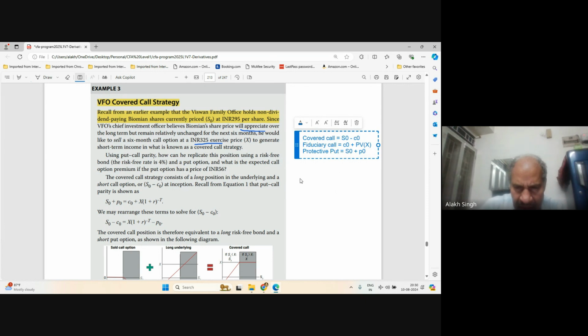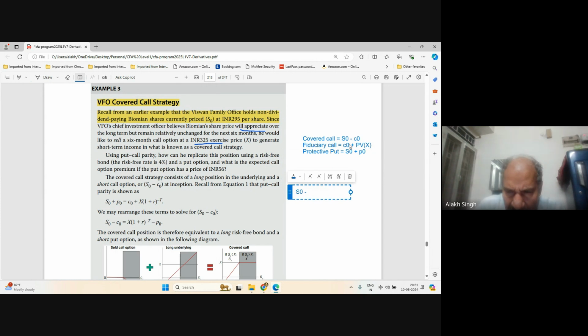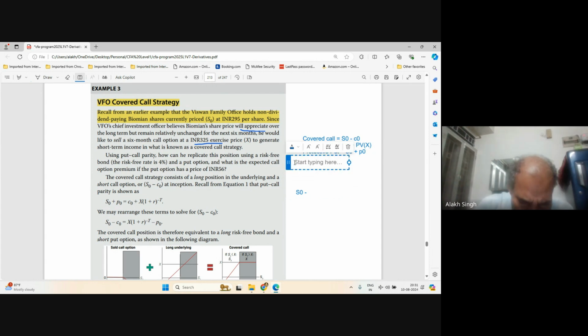So how will he replicate? He wants to replicate the covered call. S0 minus C0 is the covered call, and C0 is equal to what? Put call parity. So if I calculate C0, C0 is equal to what?